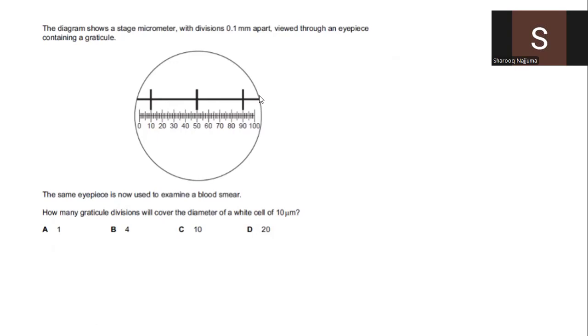Okay, so the question shows us still a stage micrometer. Remember, first things first, always note: this is the eyepiece graticule, and this is the stage micrometer. They are telling us the divisions of the stage micrometer are 0.1 millimeters apart.